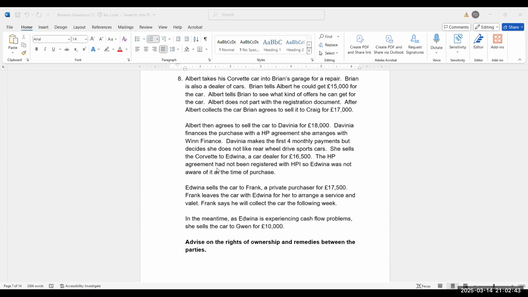And this is further complicated by the fact that we're not told if Davinia uses the money she receives from Edwina to settle with Win Finance. If she used that money to settle with Win Finance, that means feeding of title would happen, and then title could be passed to the dealer and then onward to Frank and the other people.